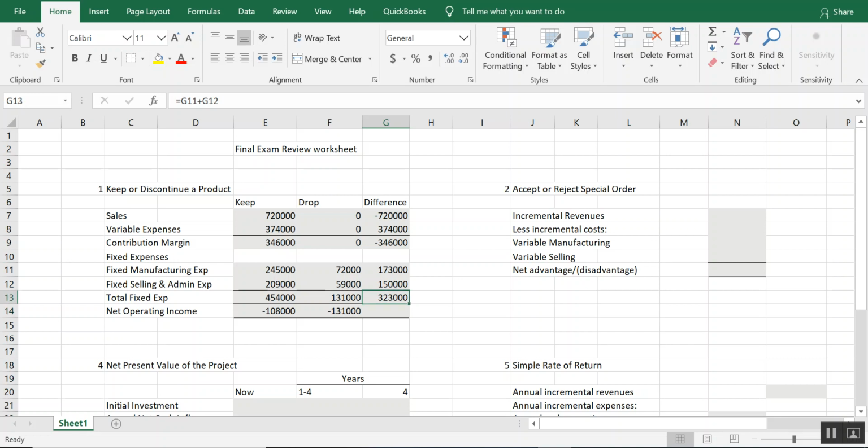So we compare these expenses with the loss of contribution margin, and when we add those two together, we still get a loss of 23,000. So in other words, dropping this product line will increase our loss by 23,000, and the financial disadvantage of dropping the line is 23,000 right here. It's that net difference. So that's a keep or drop kind of question, and that's a good way to approach the analysis.